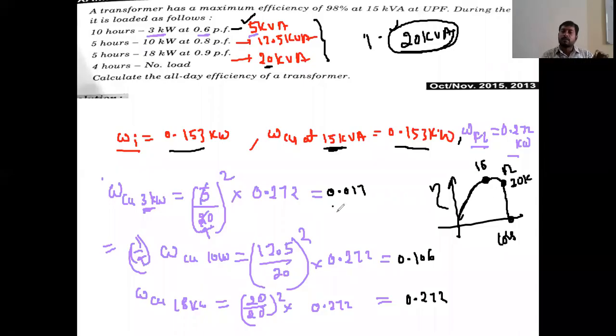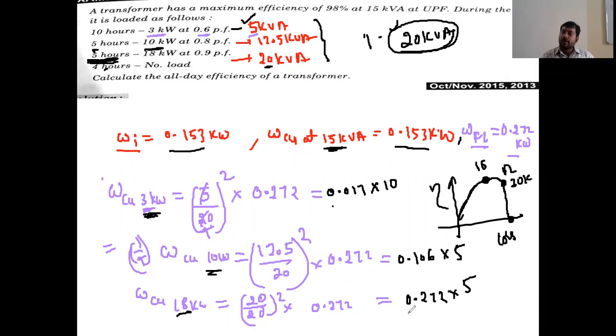This is the copper loss at 3 kilowatts, but these 3 kilowatts are available for 10 hours, so we multiply by 10. These 10 kilowatts are available for 5 hours, so into 5, and these 18 kilowatts are also available for 5 hours, into 5.